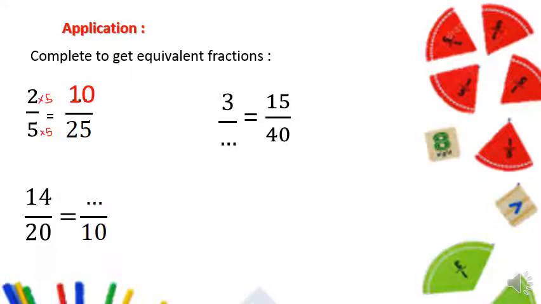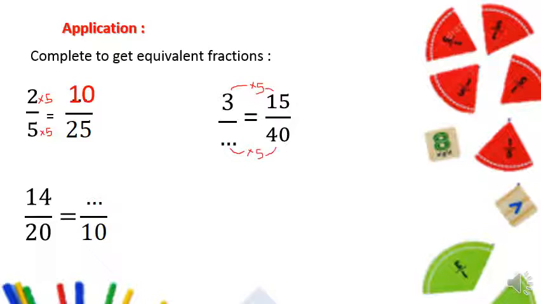Look at the second one. We have the second fraction. Let's go backward. 3 became 15, so we multiply it by 5. If you multiply 3 by 5, you will get 15. Now you have to search for a number that you multiply by 5 to give you 40.